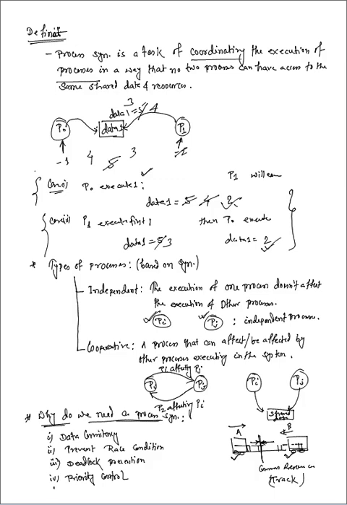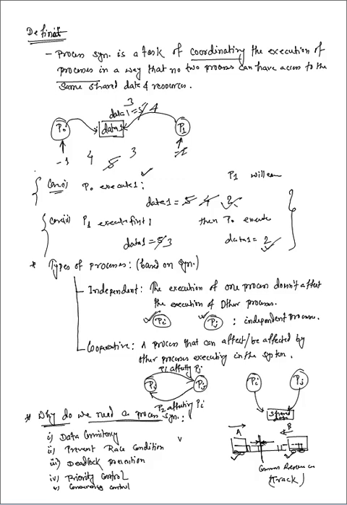Similarly, we have concurrency control. Let us suppose multiple concurrent processes are there, how they execute on the shared data and shared resources, we can control using process synchronization, right?